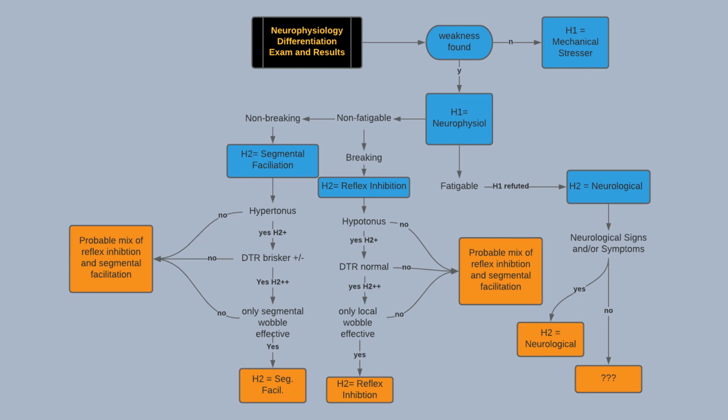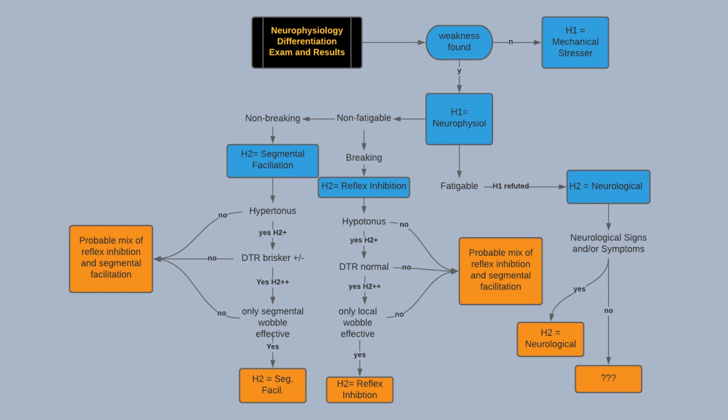If there is weakness, then we have various prognoses that you can make: reflex inhibition, segmental facilitation, or neuropathy, including, of course, radiculopathy. If the weakness is fatigable, then H1 must encompass neurological causes, and if this is true, you should find other neurological signs and possibly symptoms to accompany the weakness. If so, H1 is true.